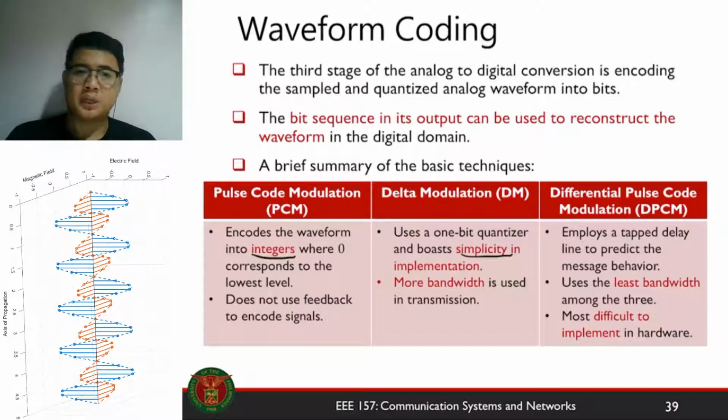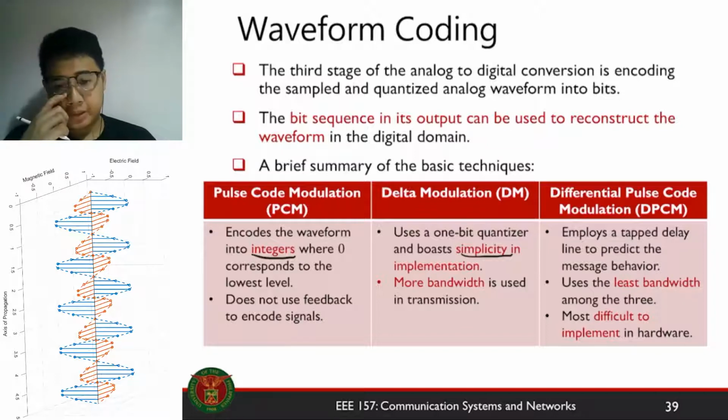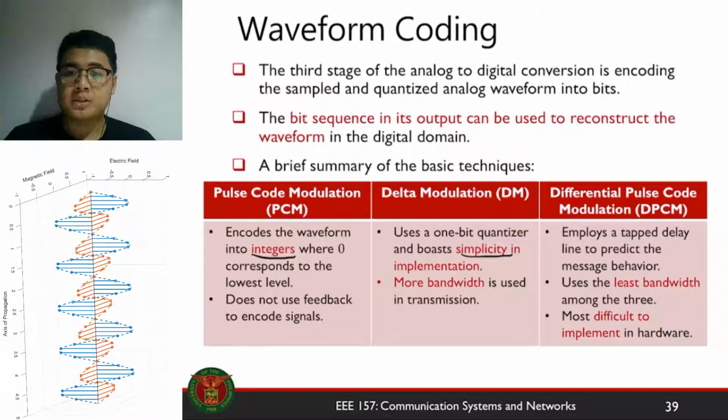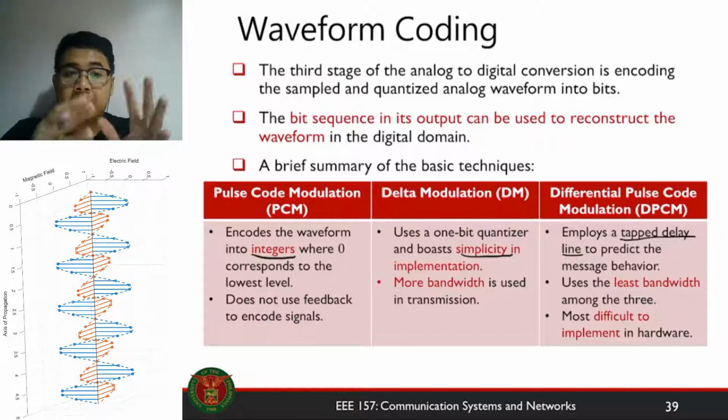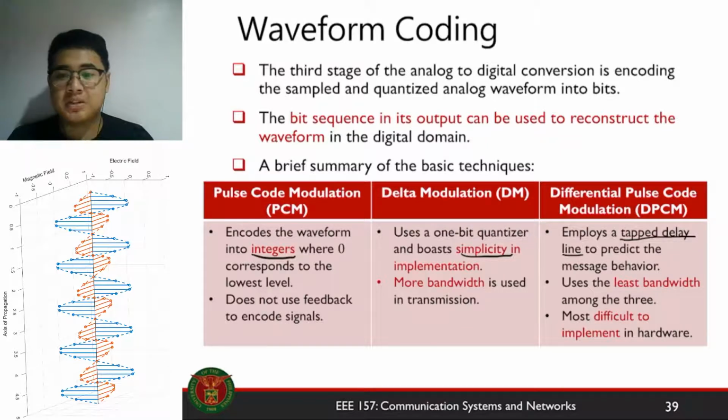So you will see how it works later. How can a 1-bit quantizer encode a waveform, right? Finally, your differential pulse code modulation employs what we call a tapped delay line to predict the message behavior. So it takes advantage of the redundancy when we're sampling signals. It takes advantage of that. And from these sampled signals here, it will try to predict the message based on the sampled signals.